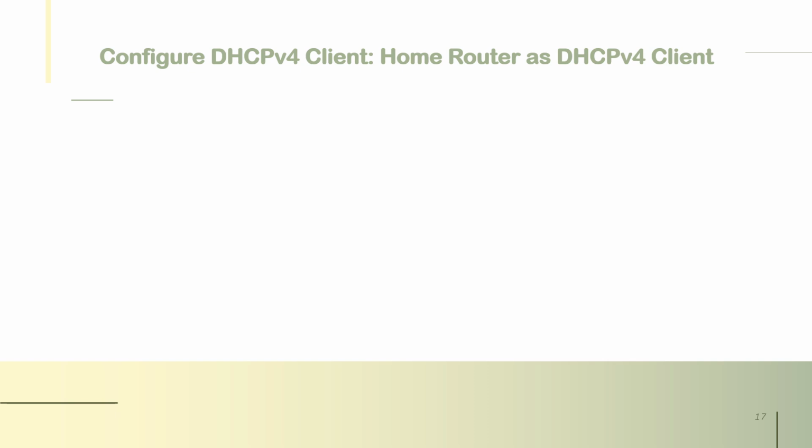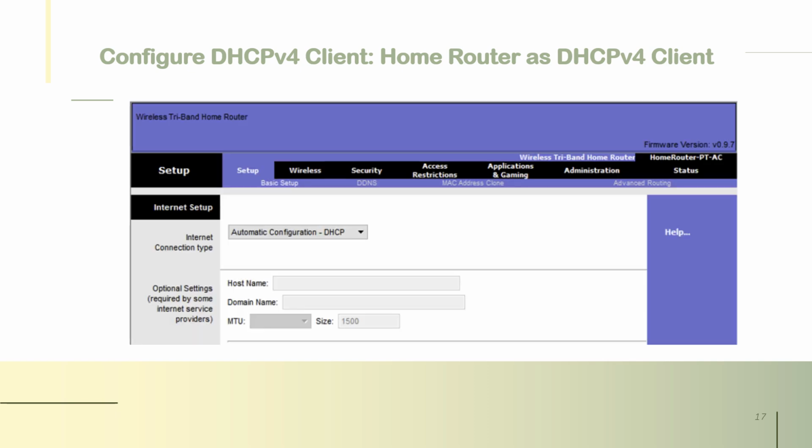And as you can see, the internet connection type is set to automatic configuration, DHCP. This selection is used when the router is connected to a DSL or cable modem and acts as a DHCPv4 client, requesting an IPv4 address from the internet service provider.